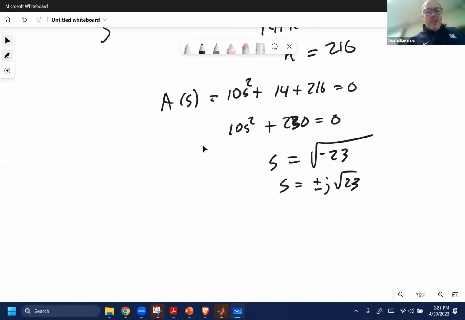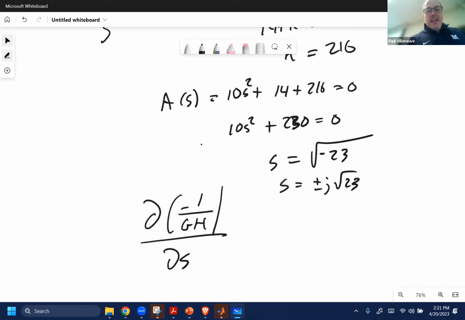For the breakaway points, we take the partial of -1 over GH with respect to S. We evaluate that at S equals sigma, so this is sigma, then I wrote 0. And then we just use root solving for that.